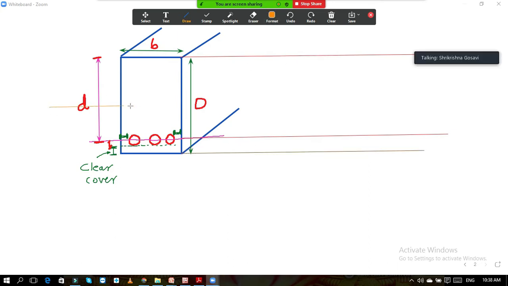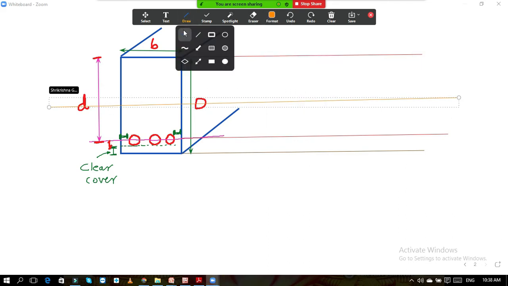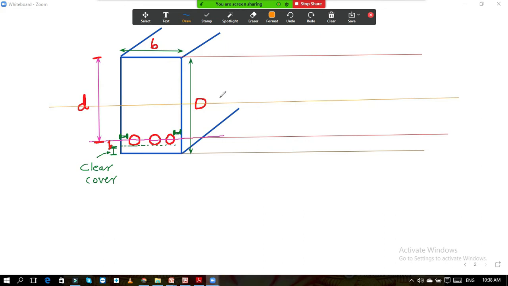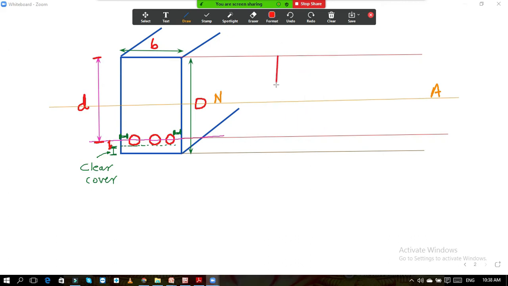This is the position of the neutral axis. I will write over here: this is our neutral axis, NA, neutral axis of the beam. Whatever strain diagram we have drawn must be like this only.